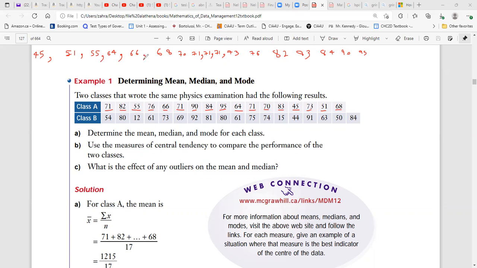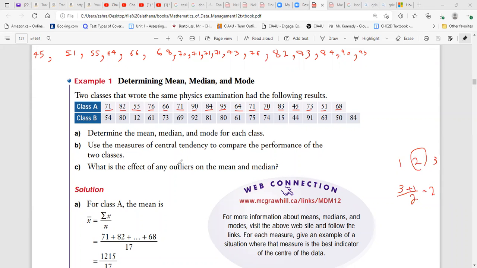Okay, I'm gonna teach you a method to remember how to find a middle number. So we have 17 data. Look, if you have 3 data, like 1, 2, 3, and you wanna find the middle number, since you have 3, you say 3 plus 1 divided by 2. So it's gonna be 2. Your second data will be your median.